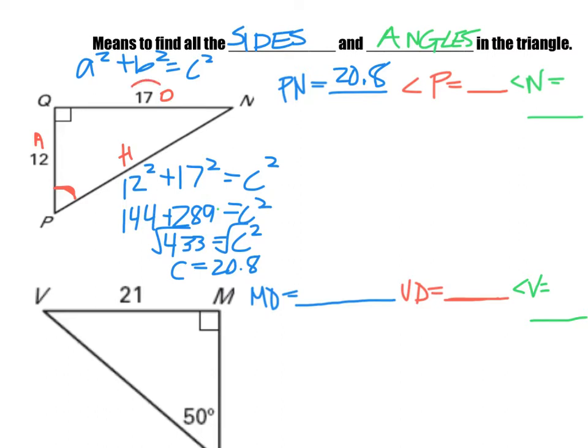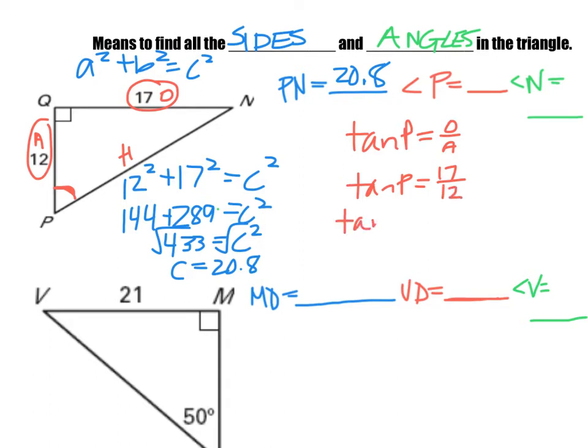So I have numbers at O and A, which means I'm going to use tangent. So tangent of angle P equals O over A. I don't know what my angle is, so tangent P equals O is 17 over A is 12. So I'm going to do inverse tangent of 17 over 12 to give me angle P.